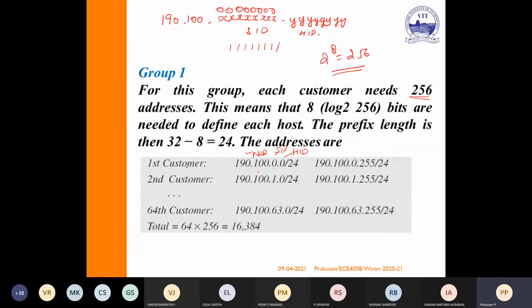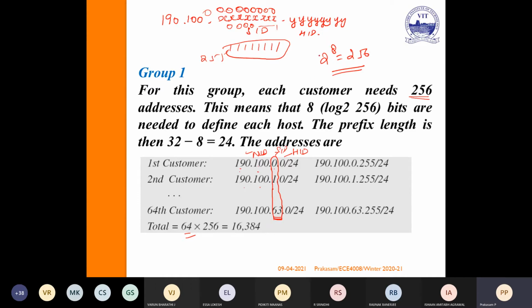The first subnet is 190.100.0. Second, it will increase by one step, that is 0001, equivalent decimal 1, so 190.100.1. But I need only 64 customers. I am not incrementing up to 255, because I need only 64, it is sufficient. So from 0 to 63, I am allocating the subnet as 0 to 63.